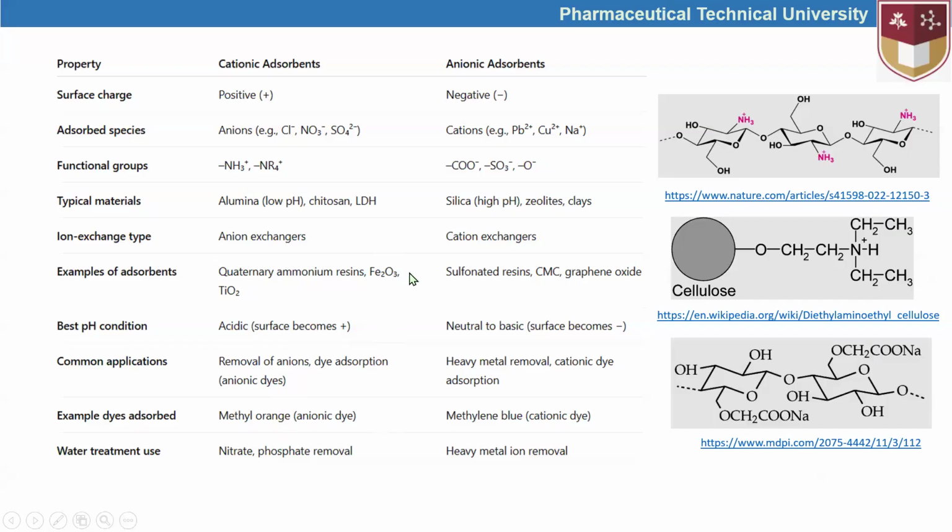So the principle of anion or cation exchange chromatography is based on the charge-charge interactions between the unlike charges, plus and minus. This is not only between charge-charge interactions.